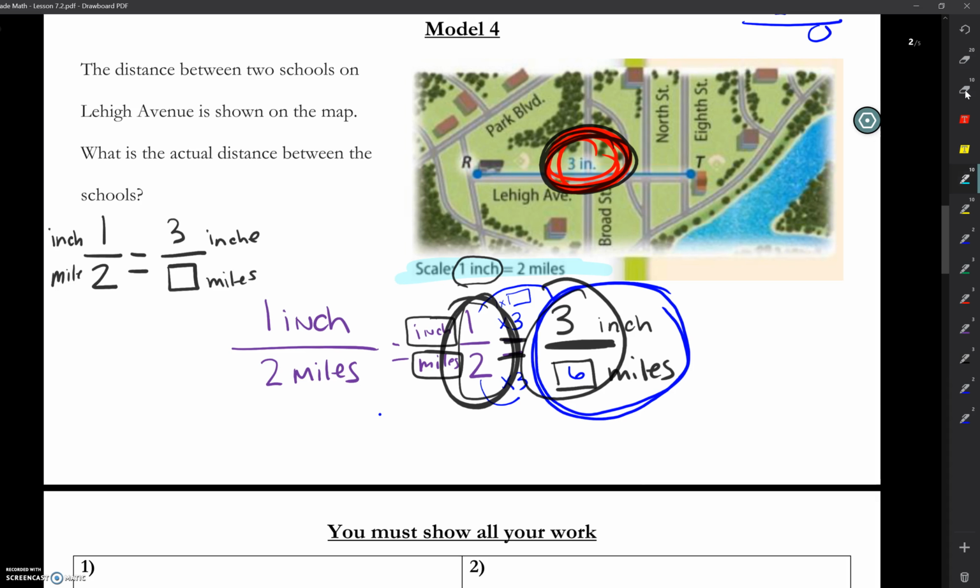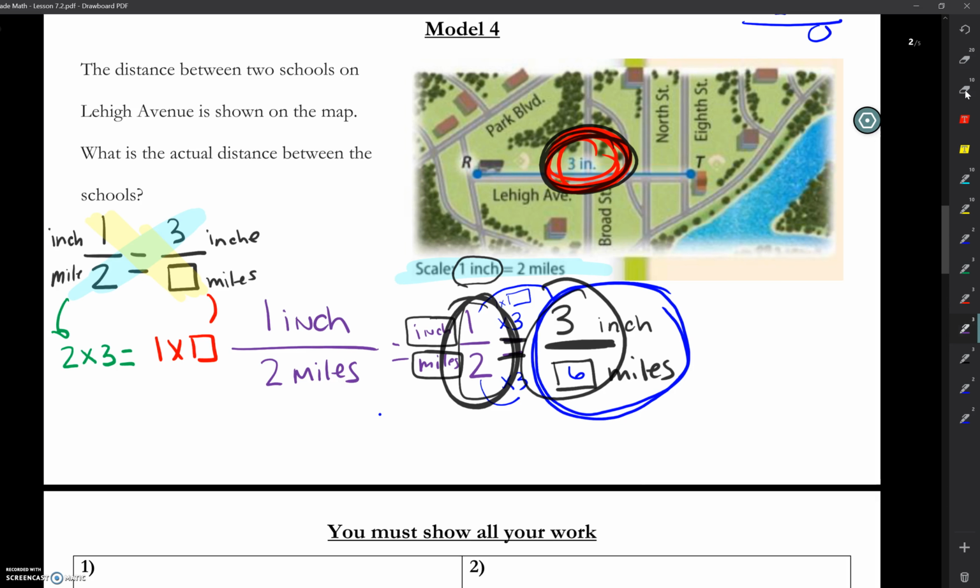Remember, I talked about cross multiplication. I would multiply this number by this number, 2 times 3, is equal to, and I would multiply 1 times the box. So 1 times the box, 1 times I don't know.